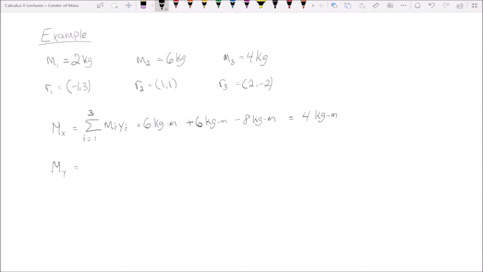Y moment. Sum i equals 1 to 3, m sub i, x sub i. So negative 2 kilogram meter plus 6 kilogram meter plus 8 kilogram meter.